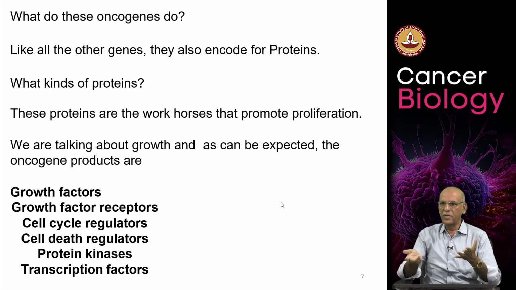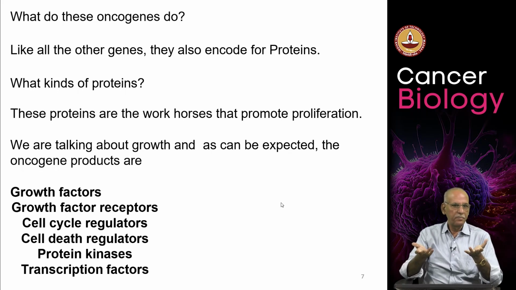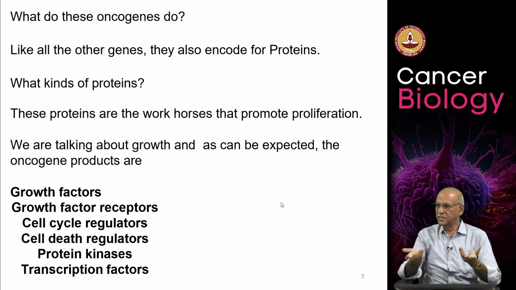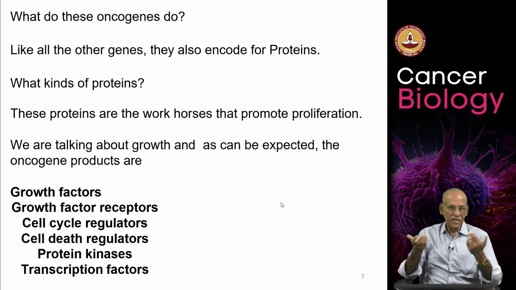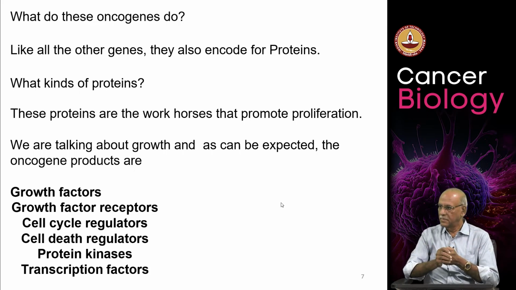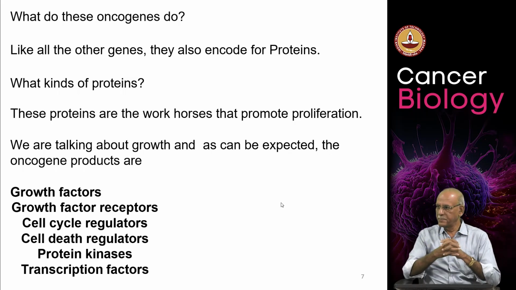Since we are talking about cancer and growth, many of the oncogene products are naturally growth factors or growth factor receptors or cell cycle regulators, or even cell death regulators. As I told you, cell death and cell proliferation go together. Interestingly, many of them code for protein kinases.